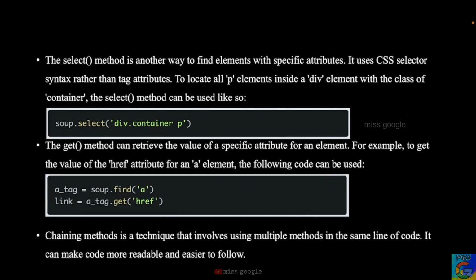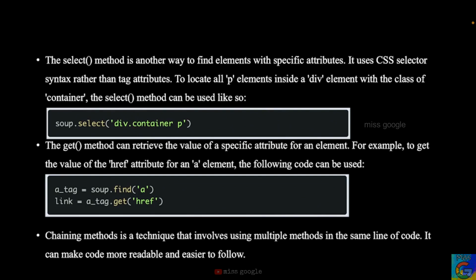The second is the select method. The select method is another way to find elements. This uses CSS selectors. As you can see in this one, we want to locate all paragraph elements that are inside a div element and have a class attribute of container. We'll be going through these examples in a few seconds maybe.